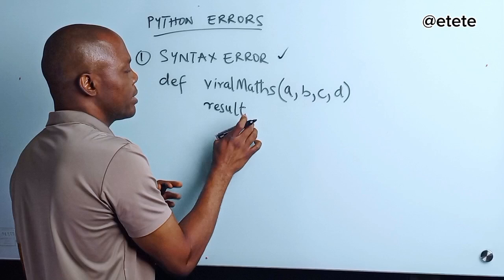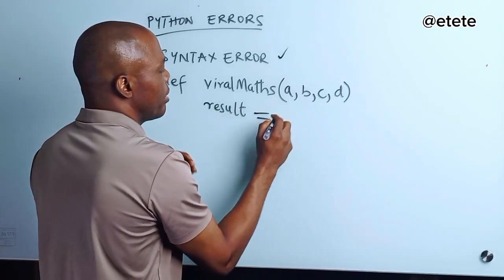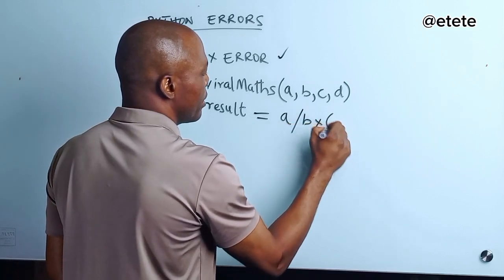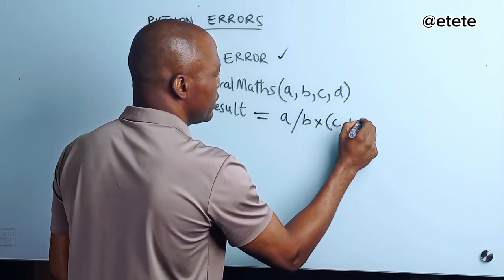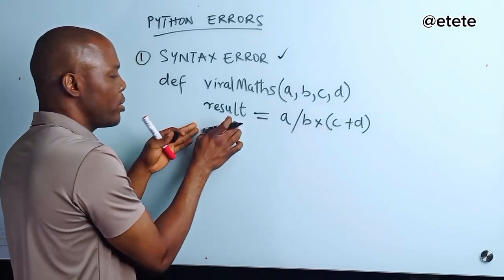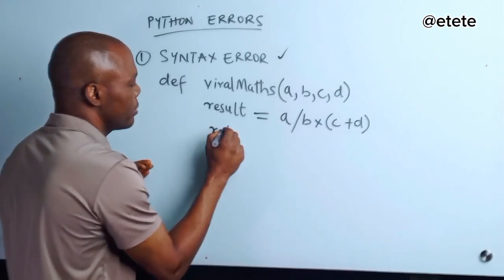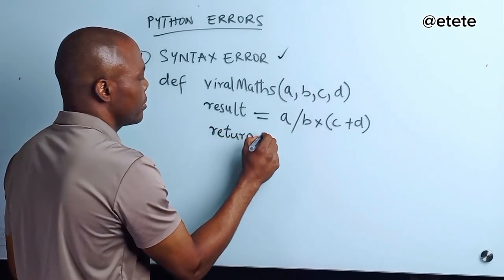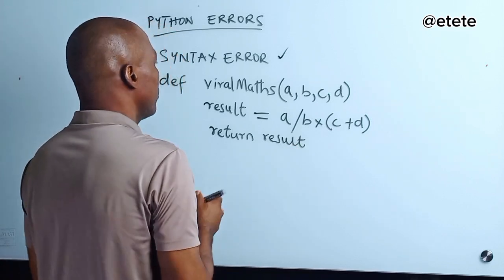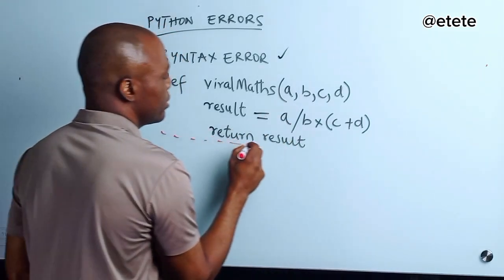So whatever I get in my calculation, I will store it here. So I will say A divided by B, C plus D. Now, this is my equation. Whatever I get, I return it. Then I'll say return result, right? So this is my function.